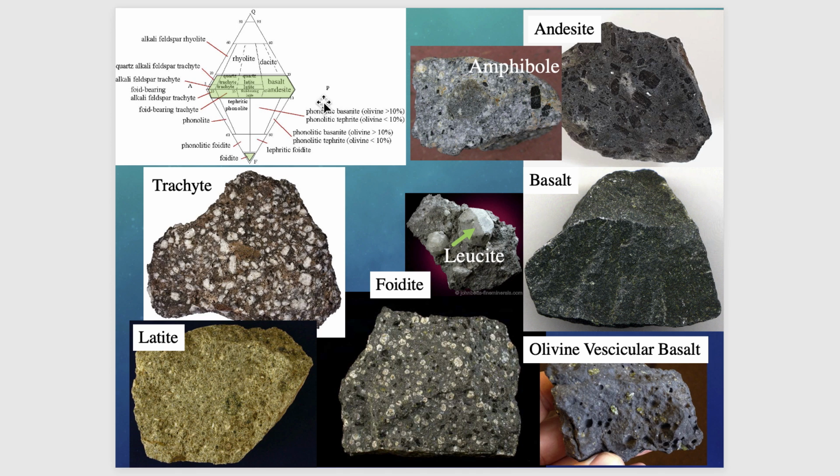So we have usually less than 20% quartz in these rocks, and then here we move into more intermediate rocks, so the trachytes and latites, which usually have a combination of plagioclase and K-feldspar as key indicator minerals. And finally, you have cases that are more extreme, like olivine or picritic basalts, so olivine-rich basalts, which usually are derived from ultramafic magmas.